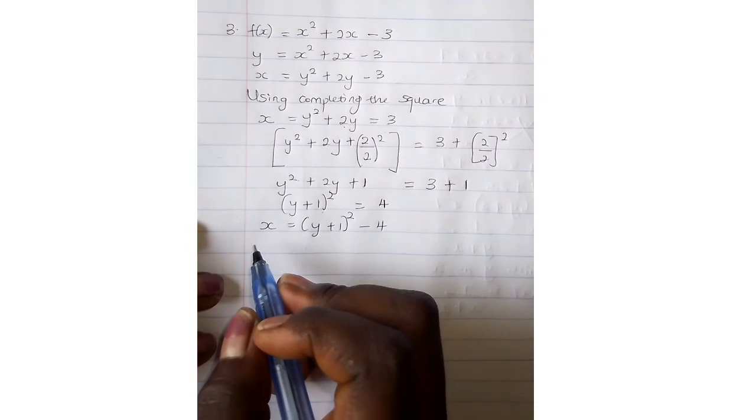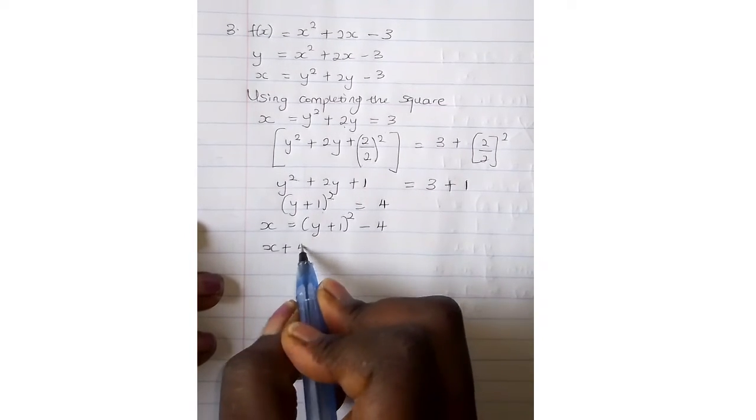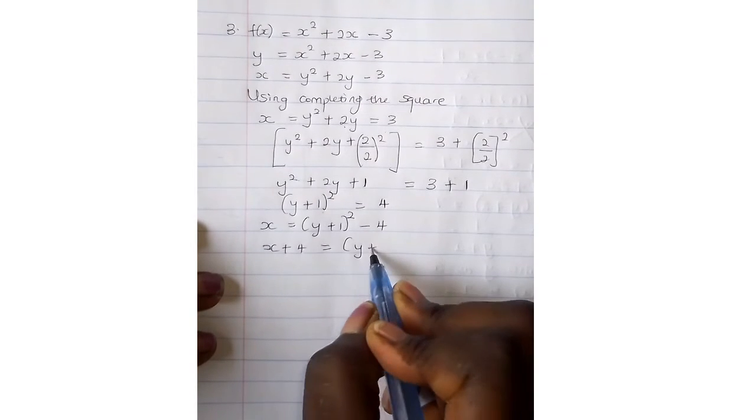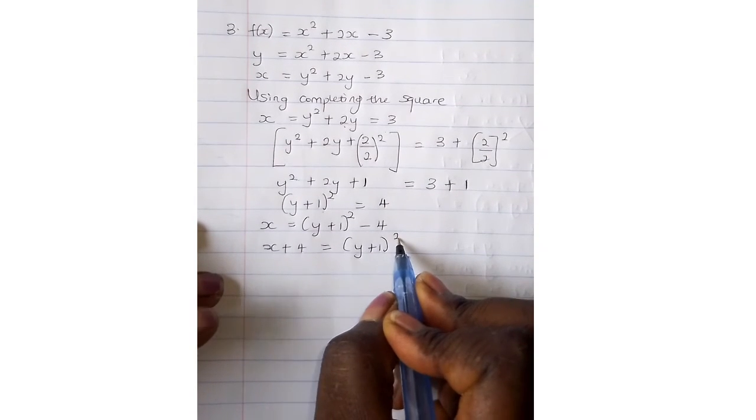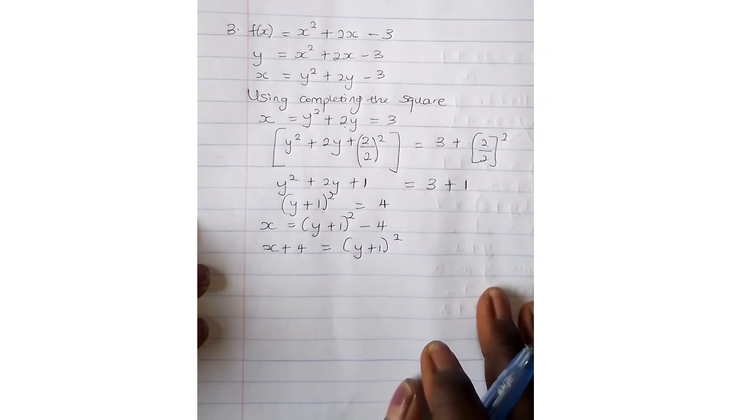So let x be on one side and y on the other side. So we have x plus 4 is equal to y plus 1 all squared. So what we do next, we take the square root of both sides.